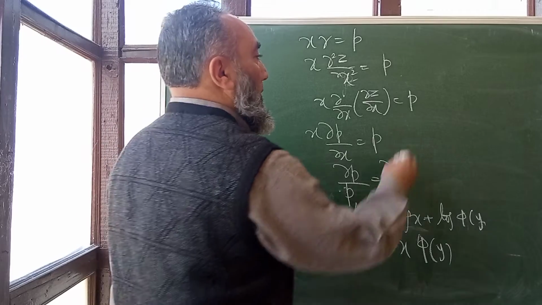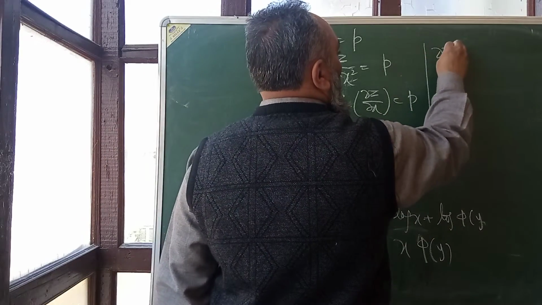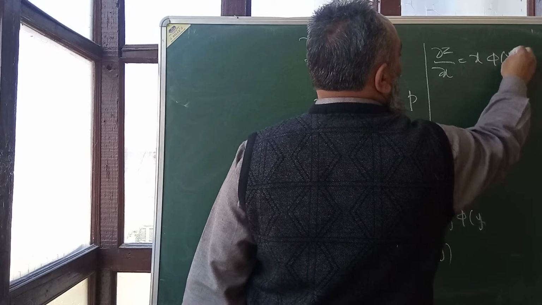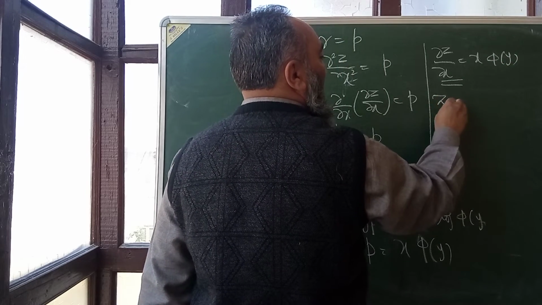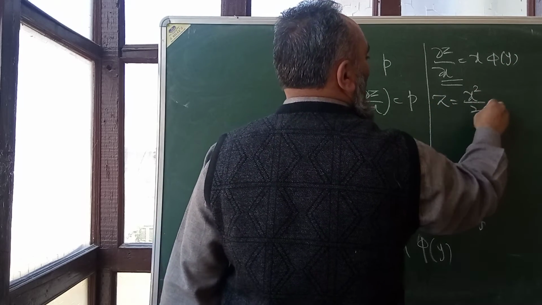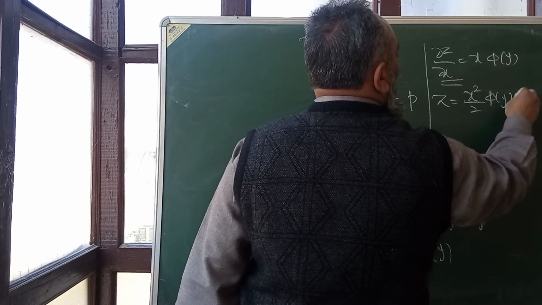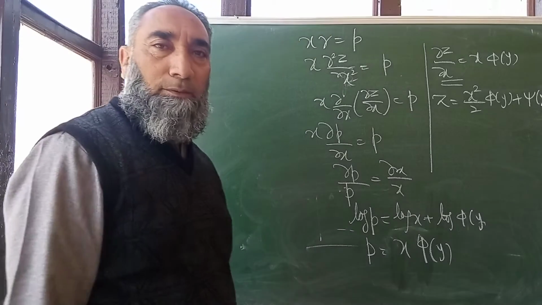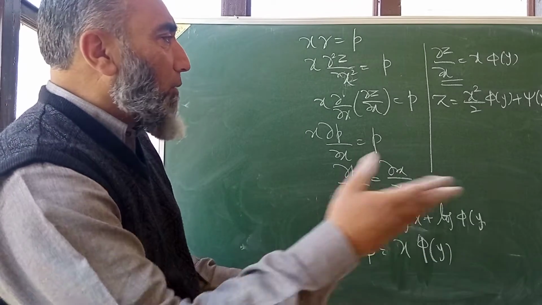Now what is p? Your p is del z by del x, equal to x function of y. Now let me integrate with respect to x. I will get z equal to x square by 2 times a function of y, plus some other function of y because you are integrating with respect to x. Okay, this is very simple.